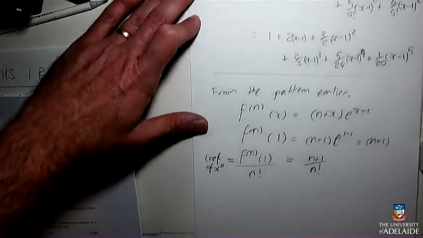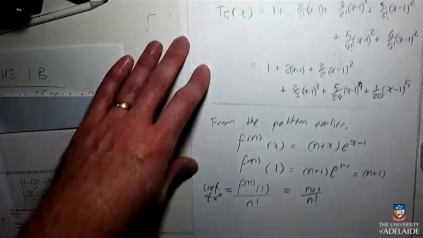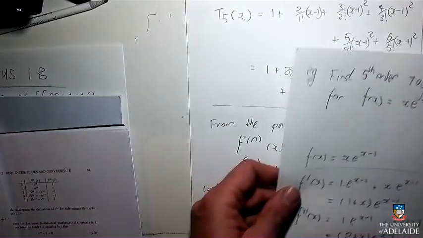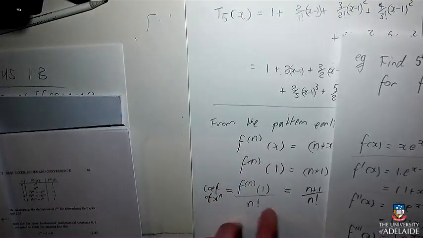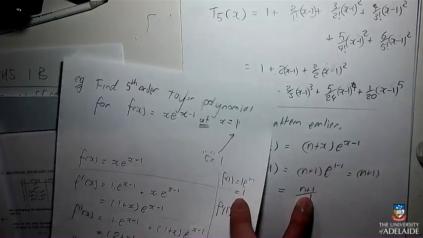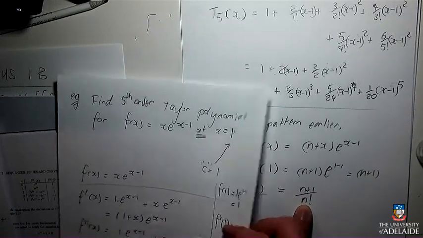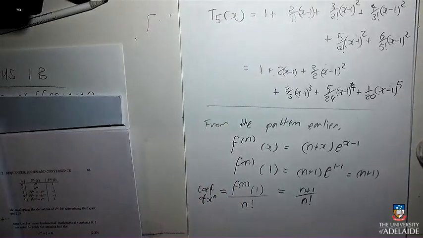And I'm just going to check, sometimes this doesn't work back at the constant term. 0 plus 1 divided by 0 factorial is 1 divided by 1, which is 1. Okay, it's working back at the constant term. Sometimes it's different for the first couple.